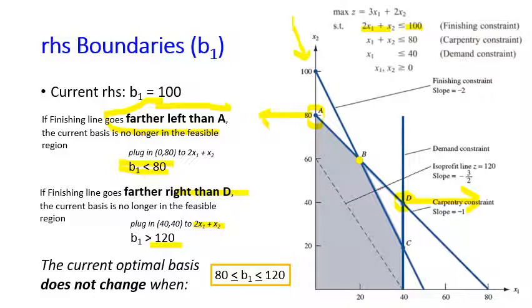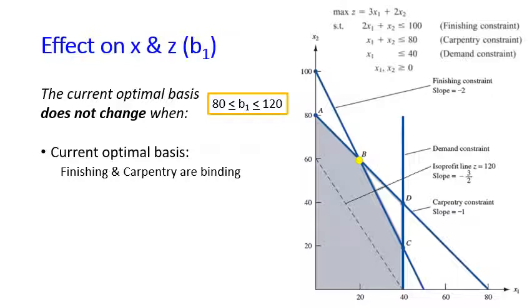So in other words, the current basis remains optimal or does not change when B1 is between 80 and 120, including 80 and 120. We've seen from the previous slide that the current basis does not change when B1 is between 80 and 120.